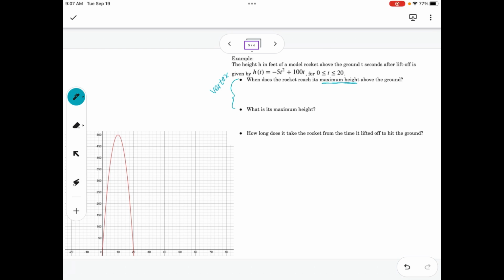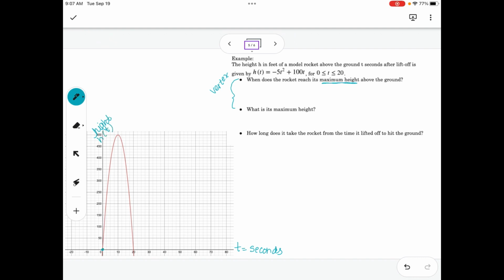Notice that we have a -5t squared, so we know it's going to be an upside down U-shaped parabola. So therefore its maximum, absolute maximum, is in fact the vertex itself. So I've got a little picture here. Our x value is representing t, which is seconds, and then our y value is representing the height, or h of t is our y value.